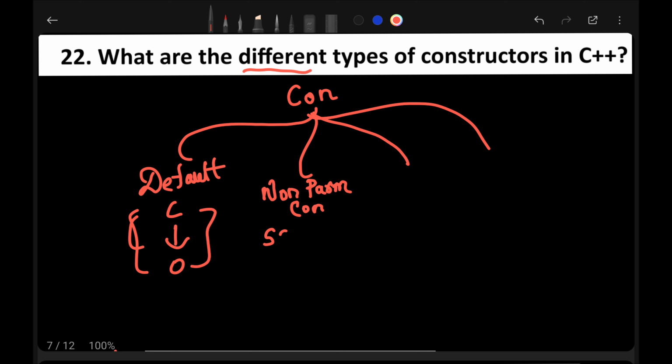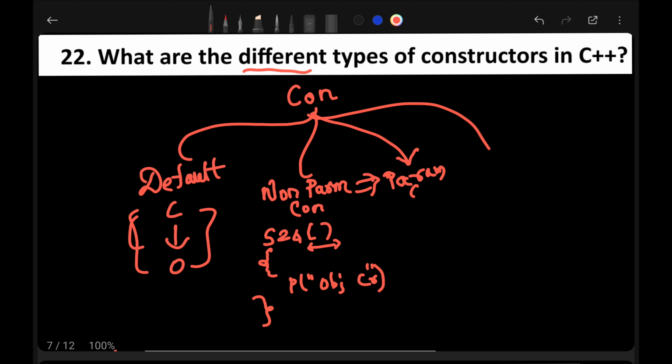In the last example with S24, suppose I create an object and want to print something, like 'Object created'. I can write a non-parameterized constructor and print a statement. Our third type is the next level of this: the parameterized constructor, which, as the name suggests, accepts some arguments.